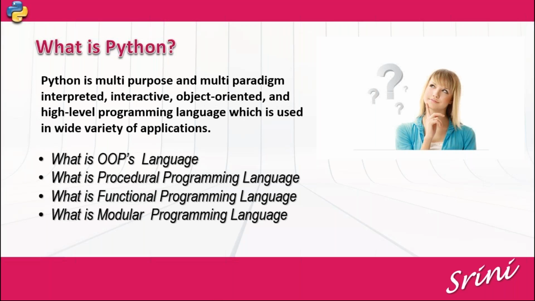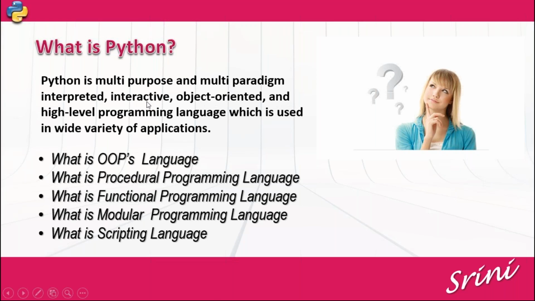Nowadays, almost all programming languages support this modularity. And Python is very easy programming, just like scripting languages. So Python supports all these features and approaches together. Python is a multi-purpose, multi-paradigm, interpreter-based programming language.